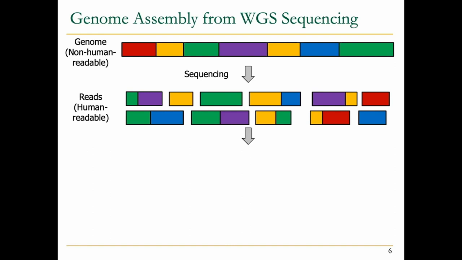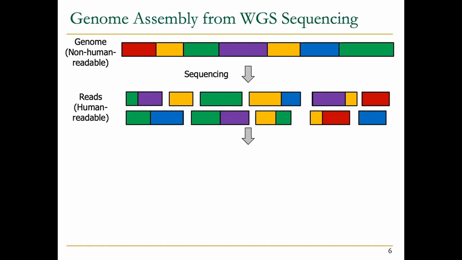And our goal is to follow certain steps on the DNA such that we can convert it into a human readable form, such that we construct the entire genome again, hopefully in one piece, completely accurate, fully representing your own genome, so that we can do some analysis on it.